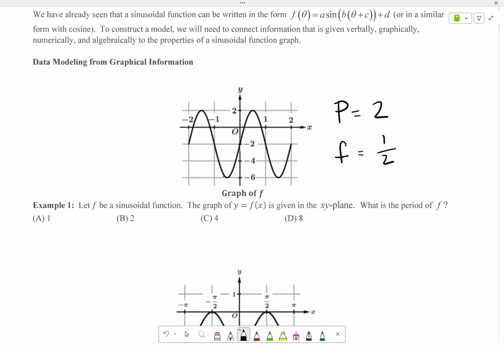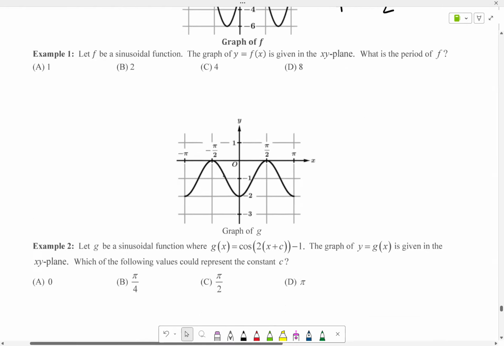It means that there's one of those sine waves for every 2 on that side, right? Are we good with that? That's all it is. It has nothing to do with this x value or 1/2. It's 1 sine wave per 2 units on the x-axis. So it should be something you could actually see.